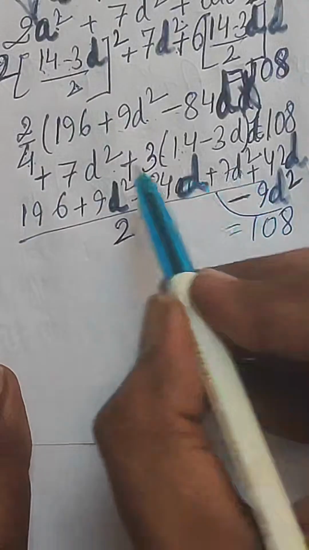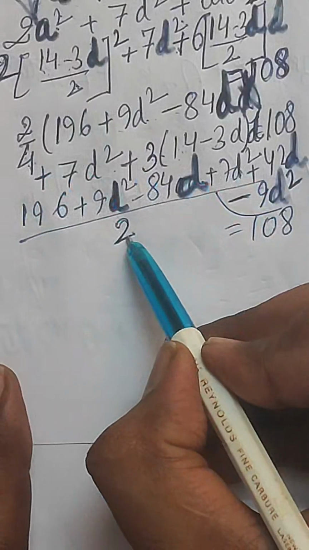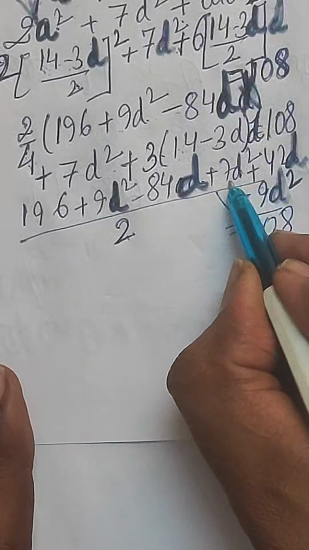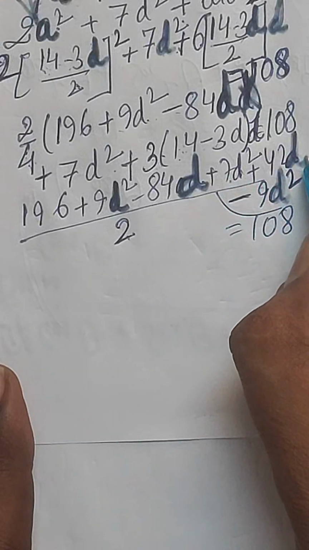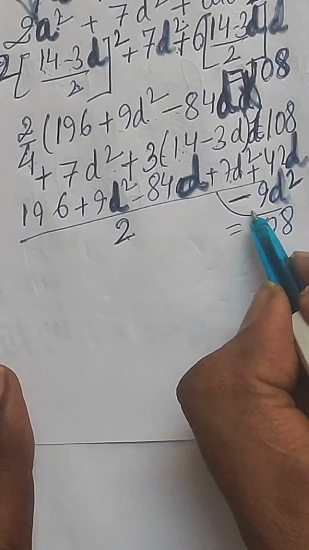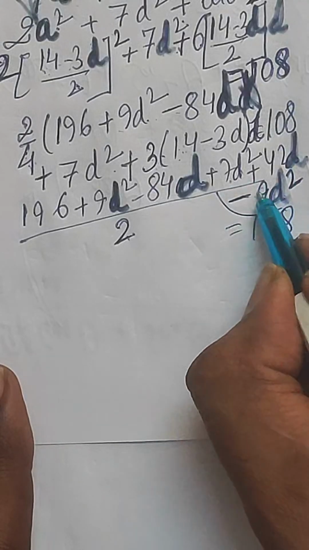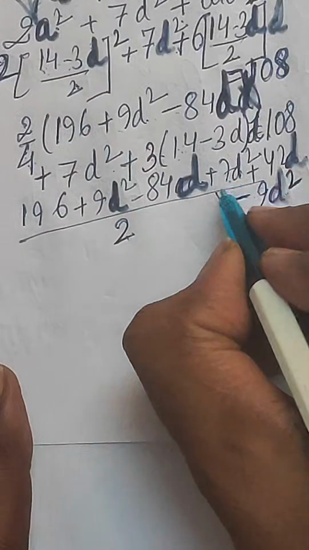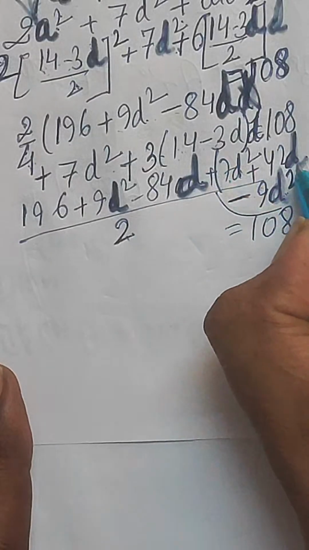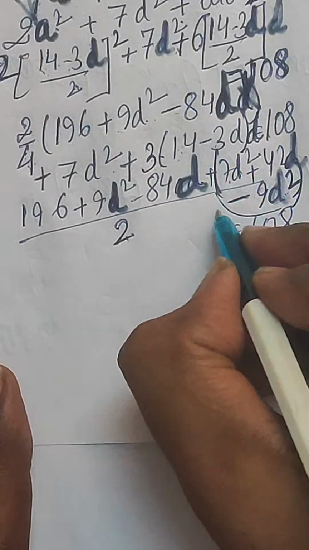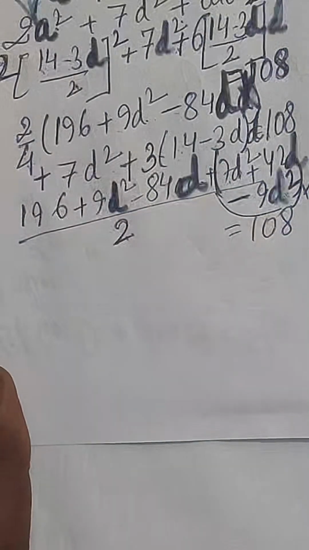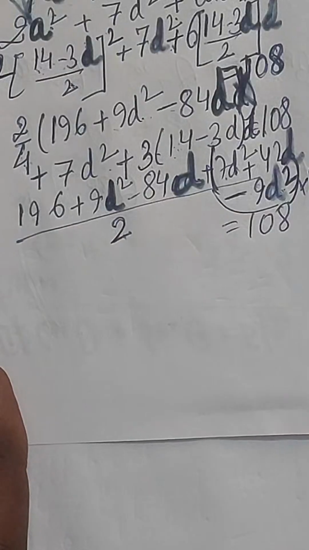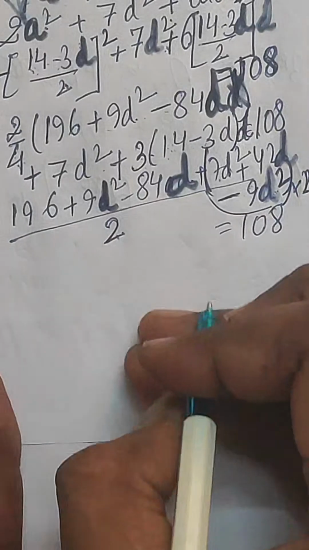So since 2 was taken as LCM from here, so 2 will be multiplied with 7d square plus 42d and this 9d square. So just 2 will be multiplying with this because we have taken 2 as LCM. So multiply this with 2, right? So what will happen here?